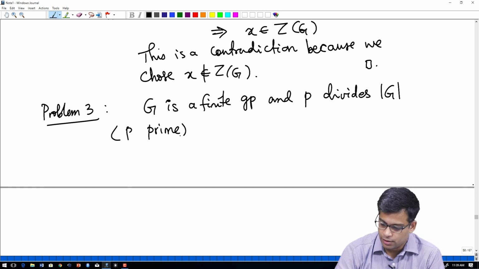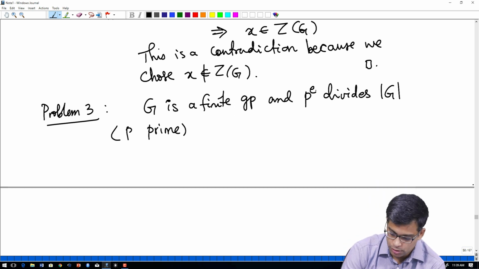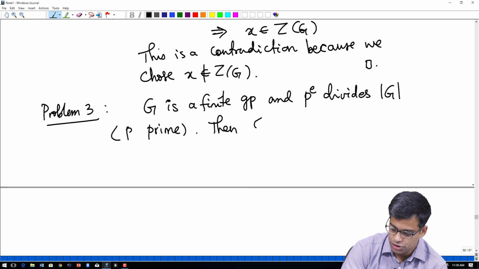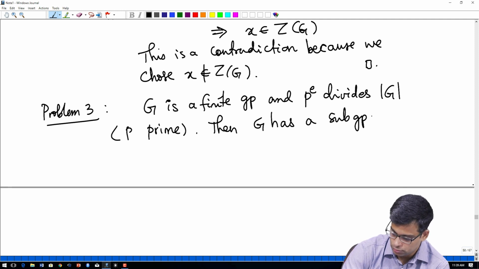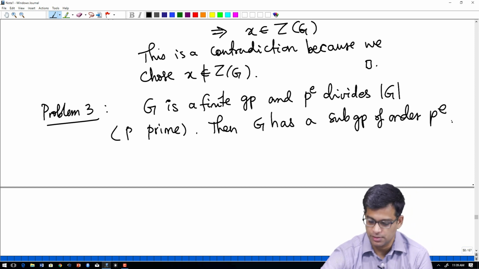In fact, suppose that p power e divides the order of G, then G has a subgroup of order p power e. So, this is the problem.